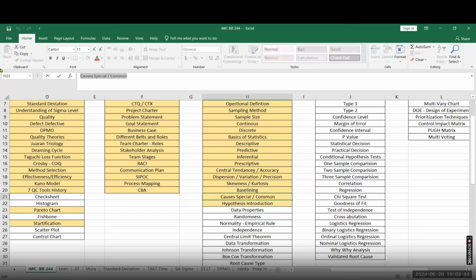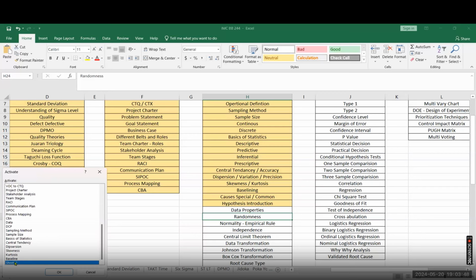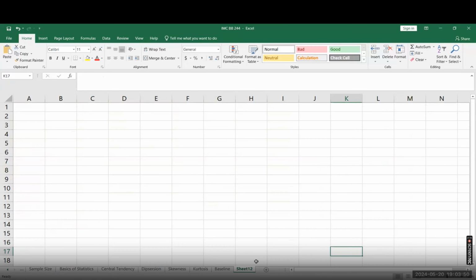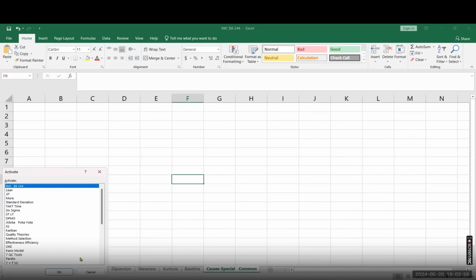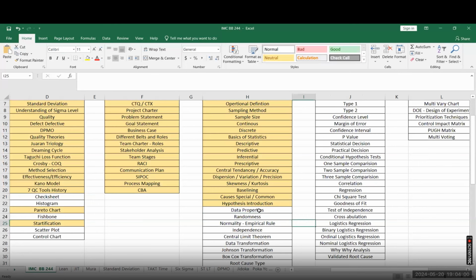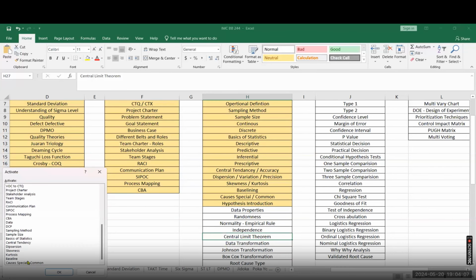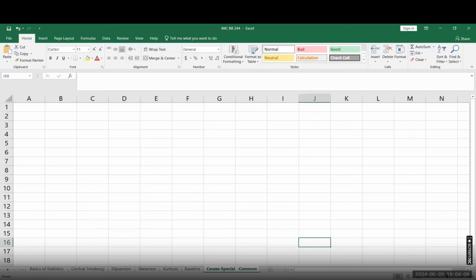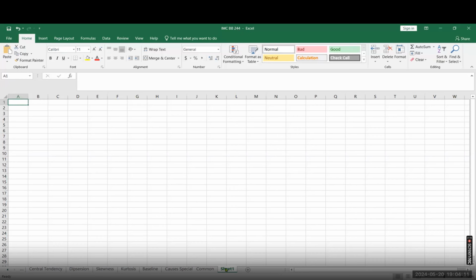Based on the hypothesis testing, how do we identify if there is any common cause of variation or any special cause of variation? First, we are going to learn what the common cause and the special cause of variation are. And then with the help of hypothesis testing, we will identify whether it is a common cause or a special cause of variation.